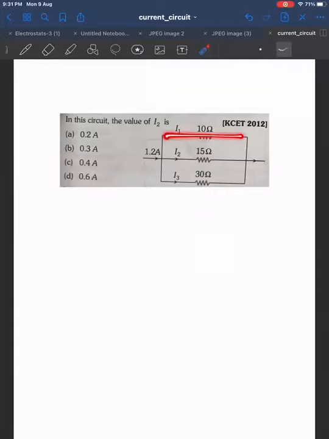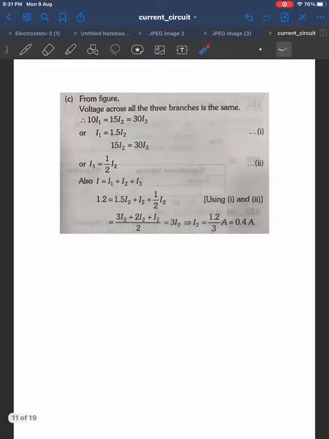Now, these three are in parallel. Therefore, can I say voltage in this branch is equal to voltage in this branch is equal to voltage in this branch? Okay, that is V1 equal to V2 equal to V3. Now, what is the formula for voltage? Current into resistance equal to current into resistance is equal to current into resistance. Therefore, I get 10 I1 equal to 15 I2 is equal to 30 I3.